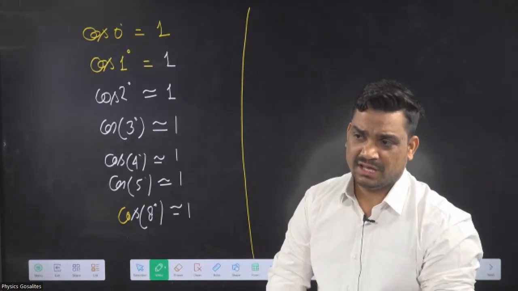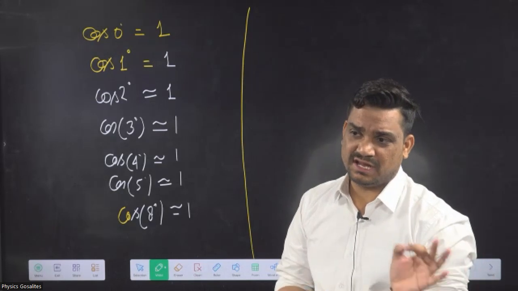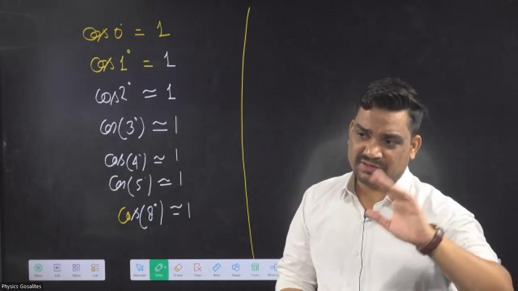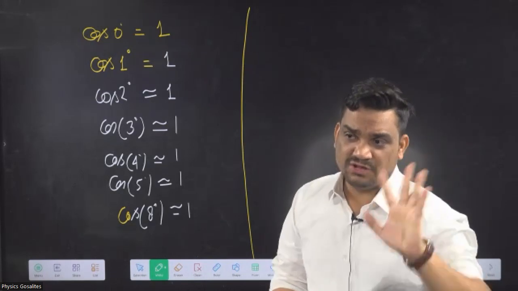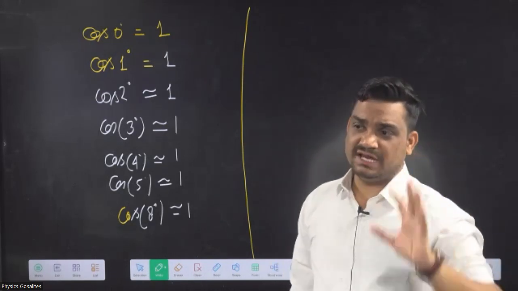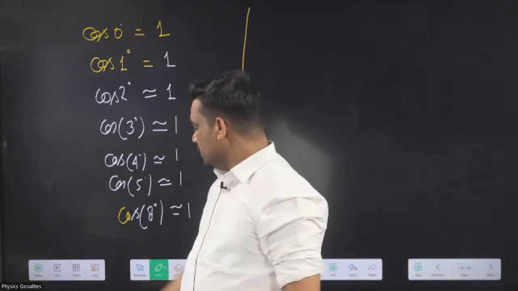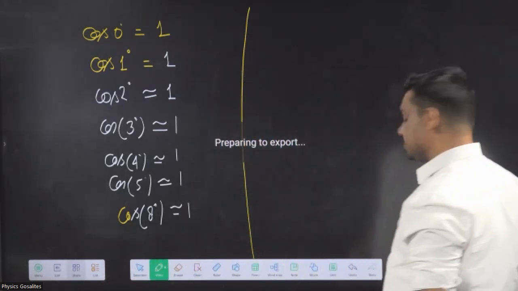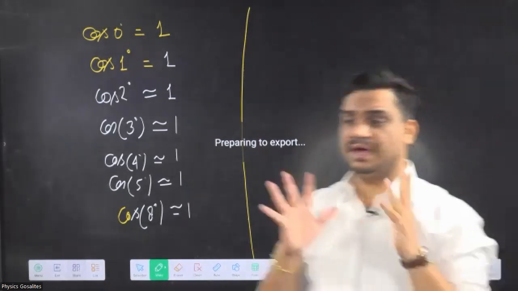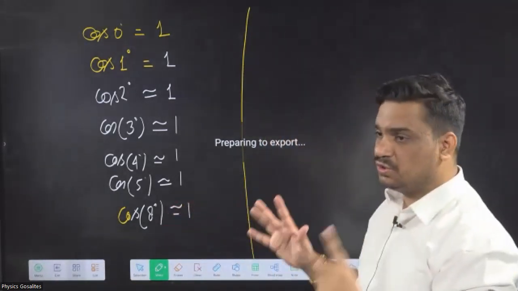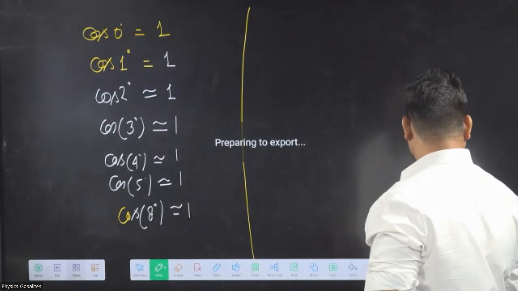Clear? In the next class, we'll write about sin theta and tan theta. Okay. What will be the value of sin 1 degree? Sin 2 degree? Sin 3 degree? Sin 4 degree? Okay. Meanwhile, I will check why the assignment was not sent and you enjoy. But whatever I have told here, you will remember that.